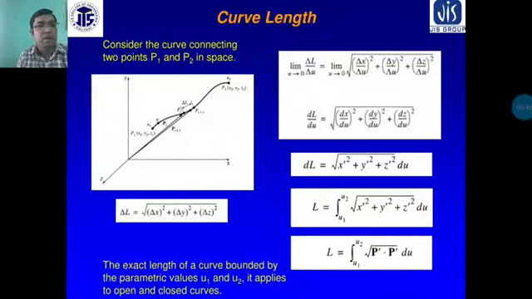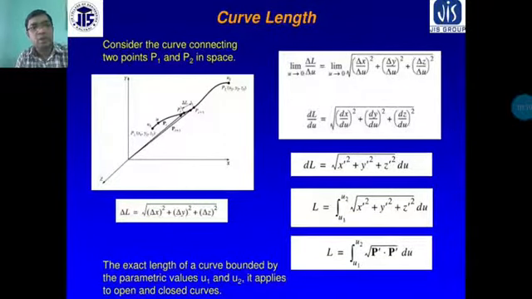That means you are given the limits, u tends to 0, so dL by du equals the square root of dx by du whole squared plus dy by du whole squared plus dz by du whole squared. That is the one equation we find here: dL by du equals the square root of (dx/du) squared plus (dy/du) squared plus (dz/du) squared.